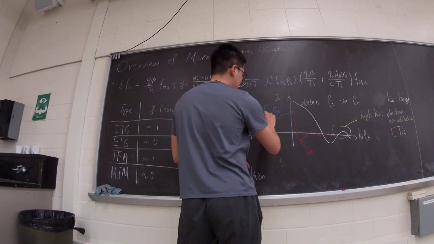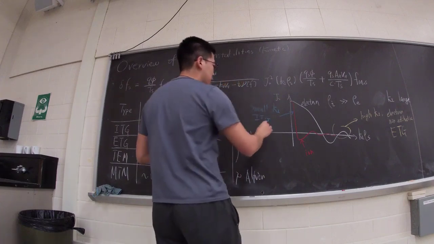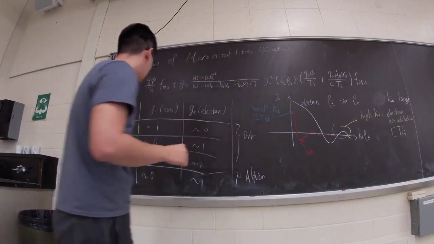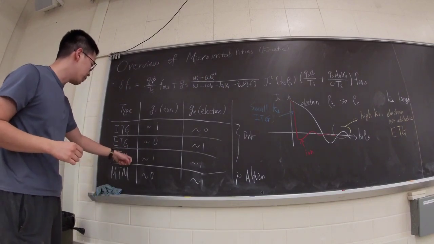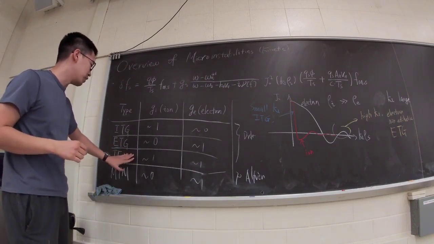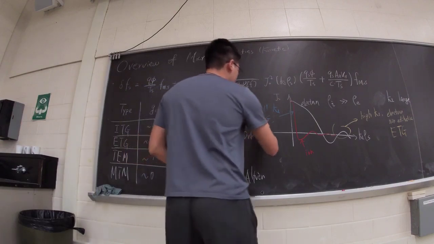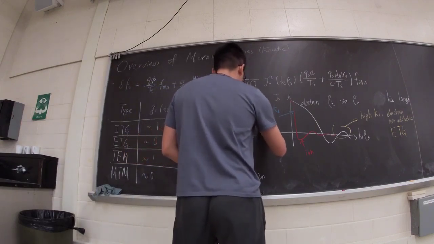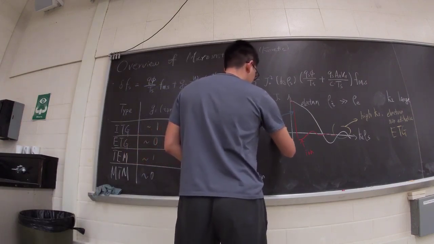Then it's mostly ITG, and since there's always some portion, if there's a considerable portion that has banana motion, it's trapped. The electron is trapped, then it will have TEM as well, trapped electron mode.